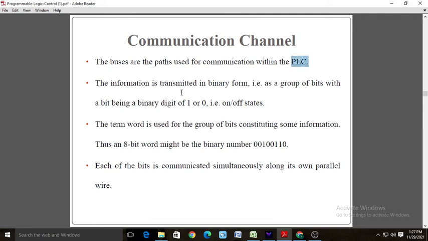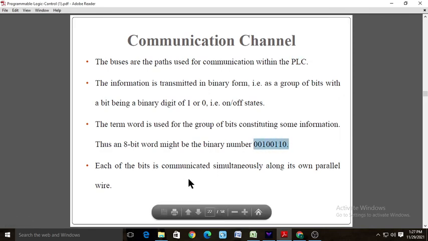The information is transmitted in binary form, as a group of bits, with a bit being a binary digit 1 or 0, i.e. on and off states. The term word is used for the group of bits constituting some information. Thus, an 8-bit word might be a binary number such as 00100110. Each of the bits is communicated simultaneously along its own parallel wire.